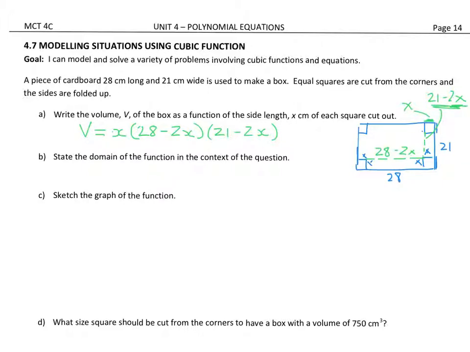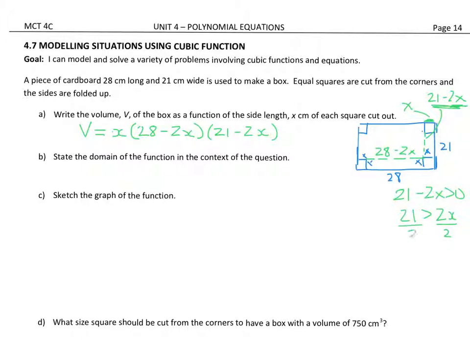So if I look at that, I'm just doing some work on the side here. 21 minus 2x has to stay greater than 0, which means 21 has to be bigger than 2x. I didn't mean to divide by x, I meant to divide by 2. Undo. There we go. Divide by 2.